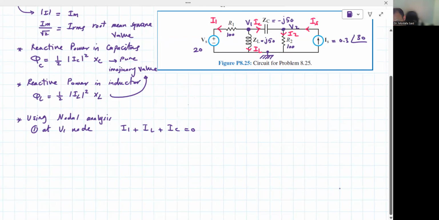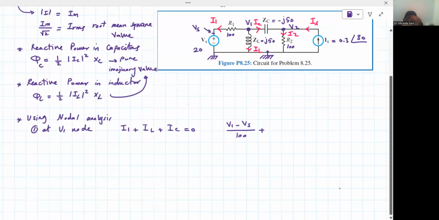What is I1? I1 is going from V1 to this point here, which is Vs, because the other side is 0, and the voltage difference across the battery is the voltage of the battery. This is 0, so this should be Vs. So I1 is equal to V1 minus Vs divided by resistance 100 ohm.